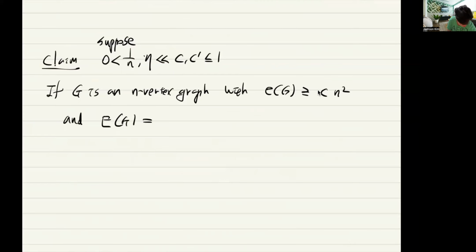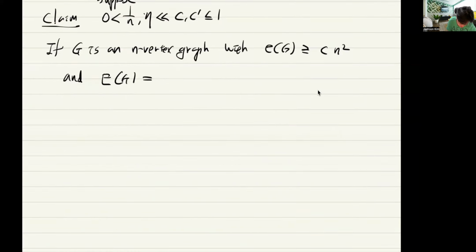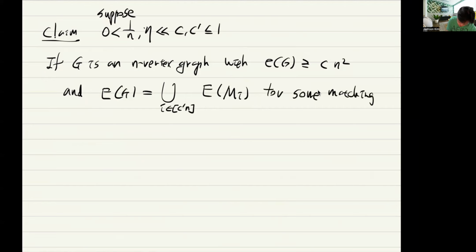Okay. So now we show that the following claim holds. So when you have a graph, let's say this is the graph that you want to apply, and it has at least this many edges, and this is the union of C prime n squared many edges of matchings M i, for some matchings M i.